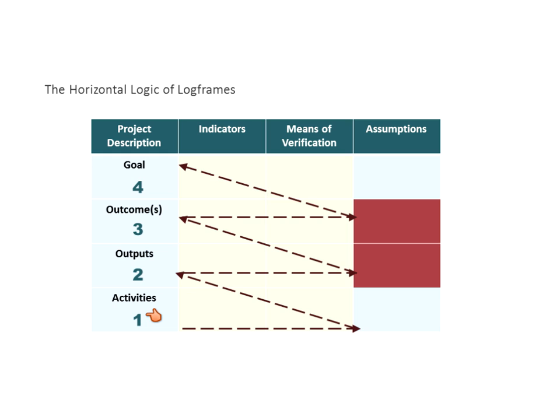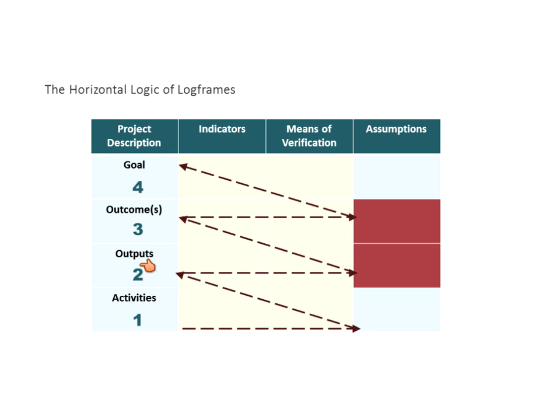So the horizontal logic goes like this: you can complete all of your activities, but you also need to make sure that the assumptions at this level hold true. Now, the reason why these are read at the output and the outcome level and not at the activity and the goal level is that these are the two most important levels of assumption in the log frame.